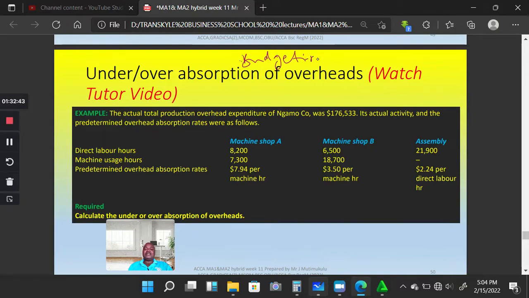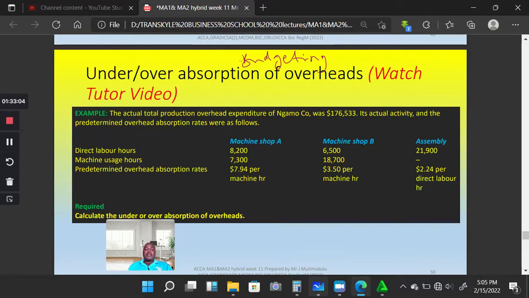If you take this word absorption as meaning budgeting, then you won't get lost easily.